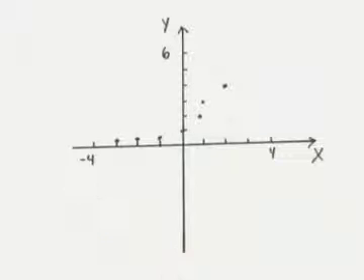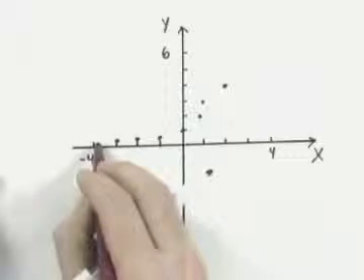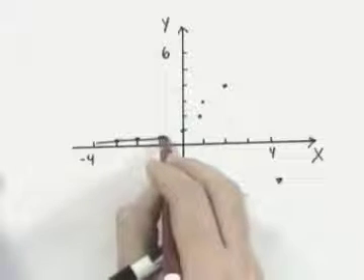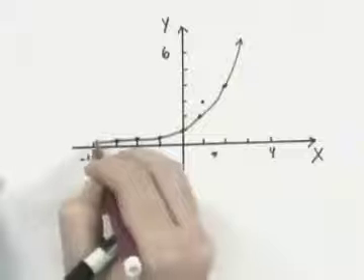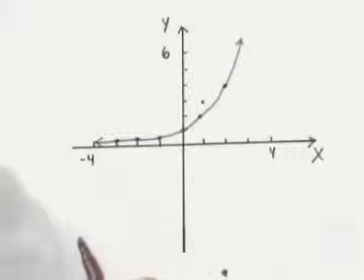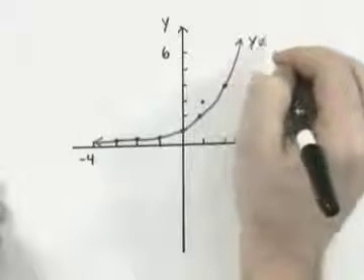So now what I'm going to do is connect the points into a smooth curve, and I get something that looks like this. So there's the graph of the exponential function y equals 2 to the x power.